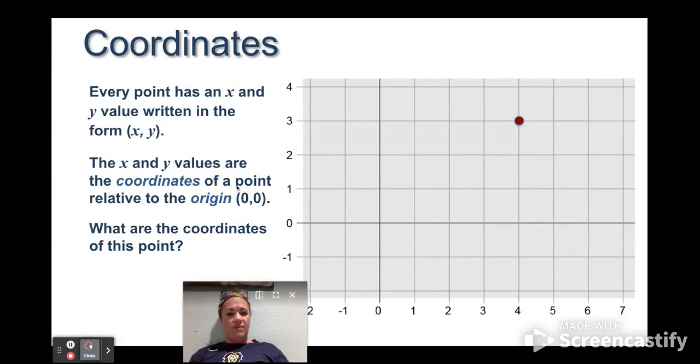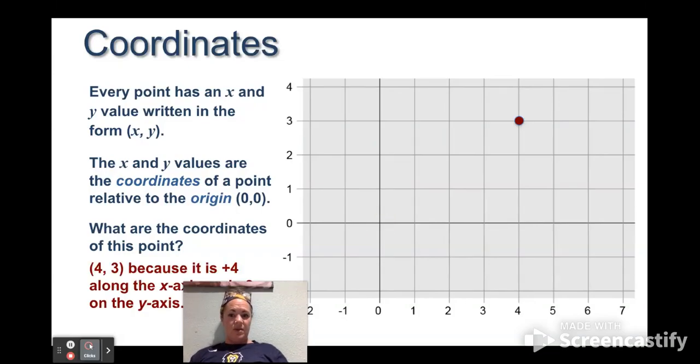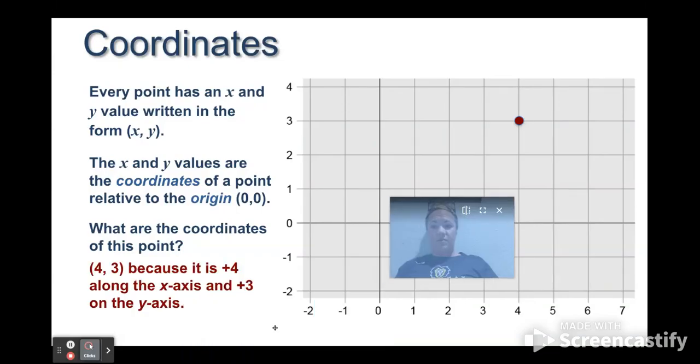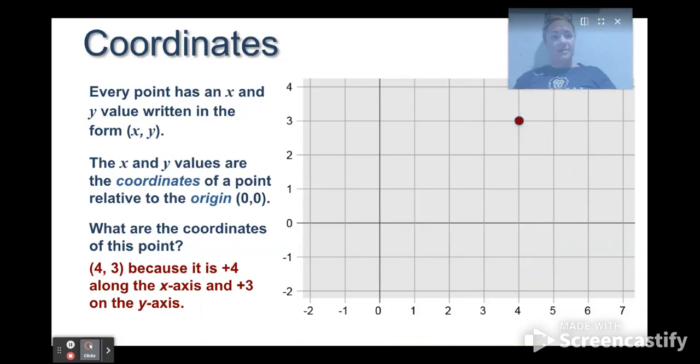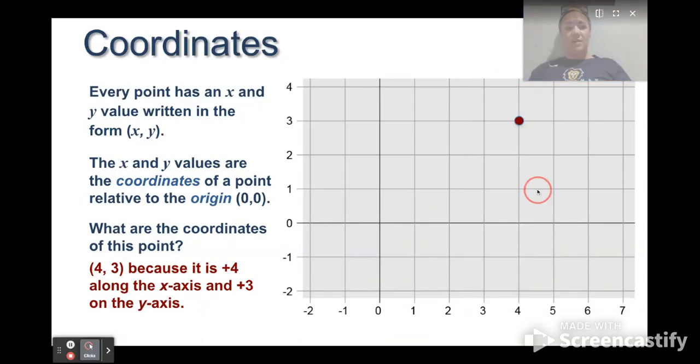The x and y values are the coordinates of a point relative to the origin, which would be (0, 0). So this coordinate is (4, 3) because it is plus 4 along the x-axis and plus 3 along the y-axis.